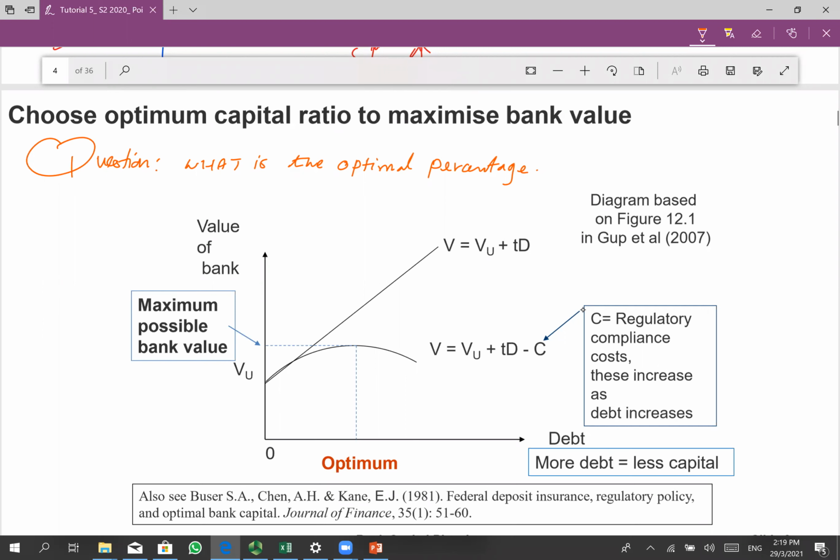Now, the assets, these dollar assets, are actually coming from capital, as I told you, or debt. This combination, I want to know it. And I want the combination that will increase the value of the bank.